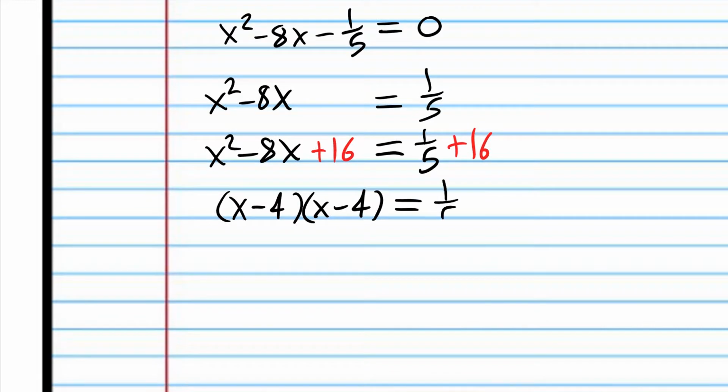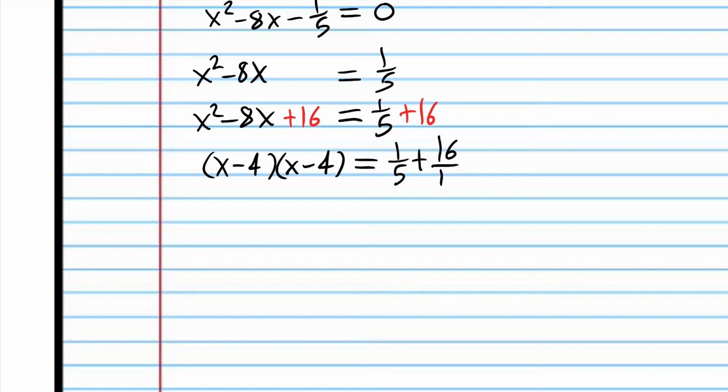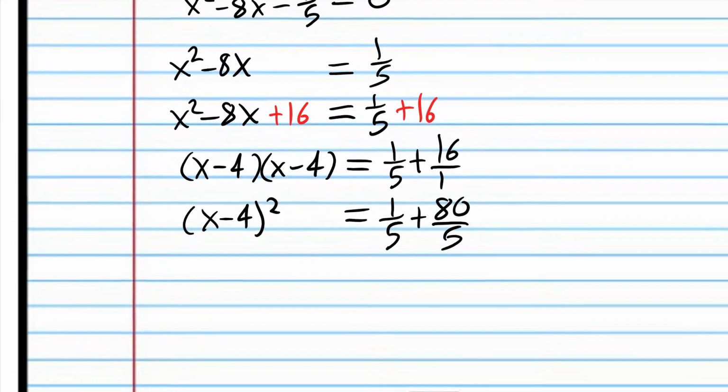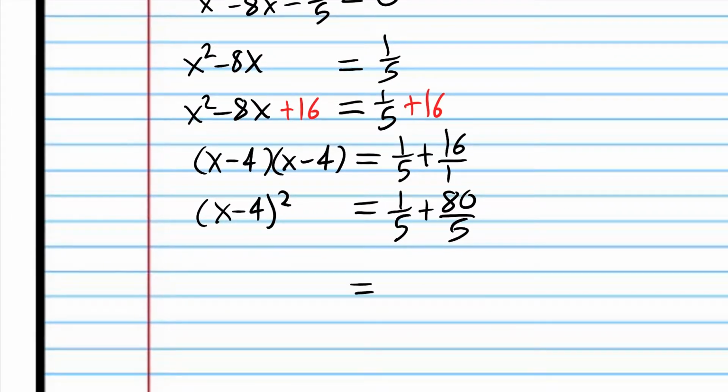And then we have 1/5 plus 16 over 1. Multiply both sides of this by 5, and you get 80 over 5. And add it together and you get 81 over 5.